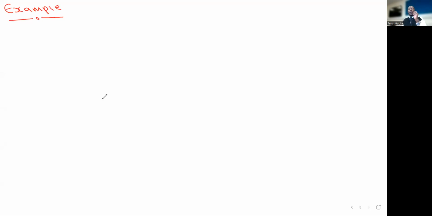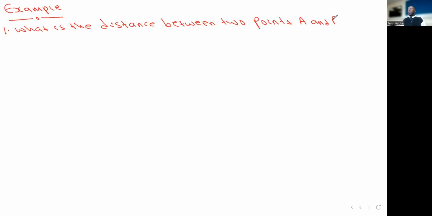So let's assume that we have this example here, and the question says, what is the distance between 2 points A and B, whose coordinates are 5, 3, and 8, 6, respectively.